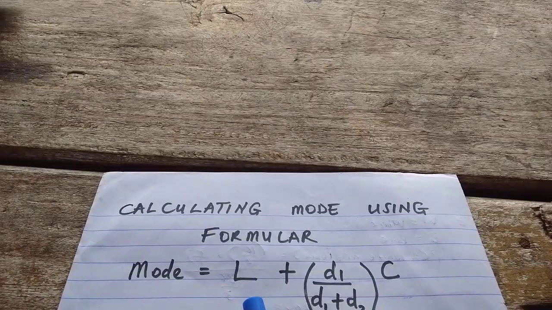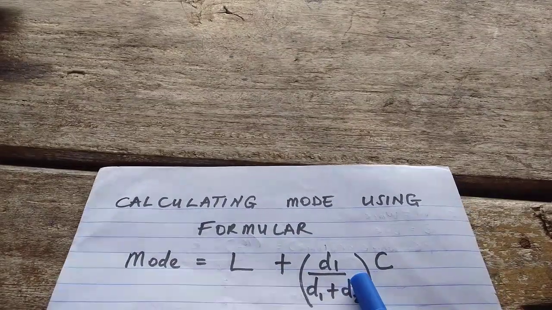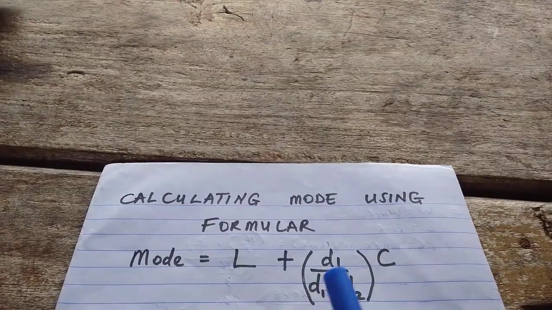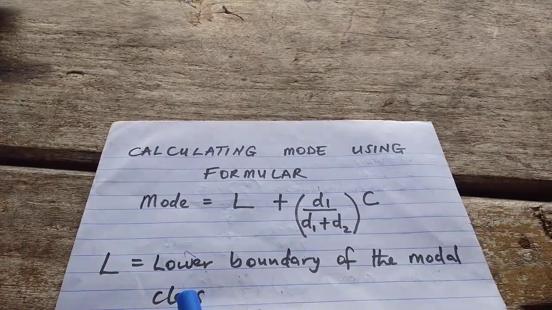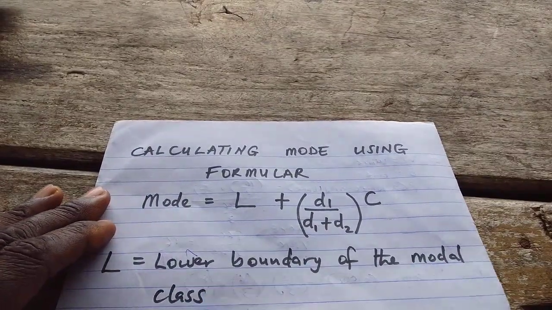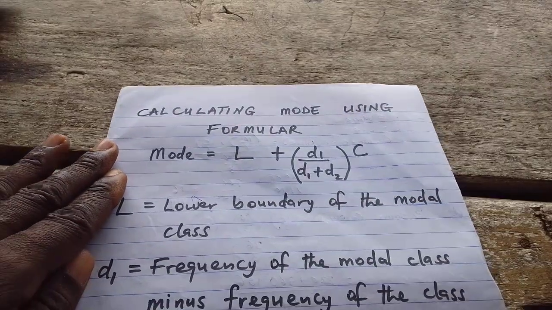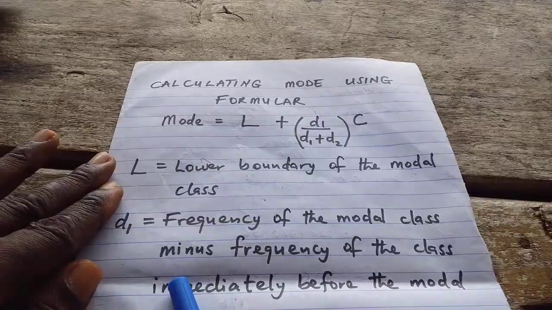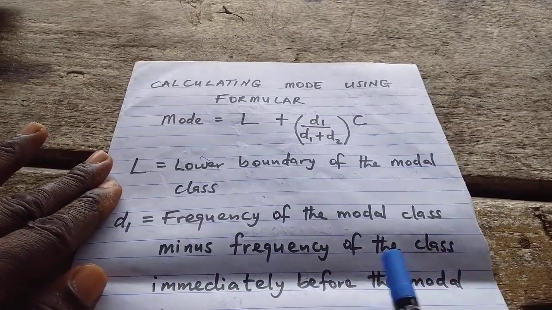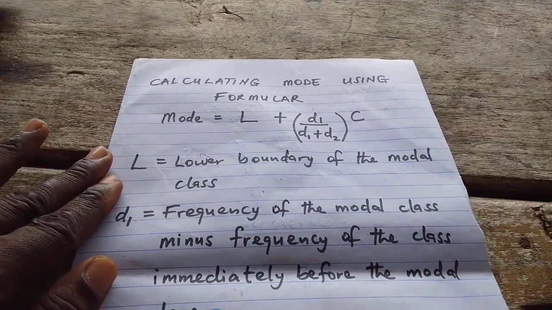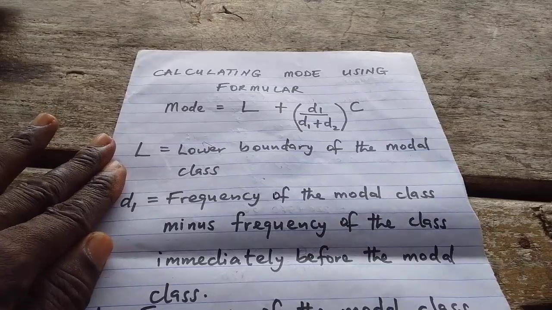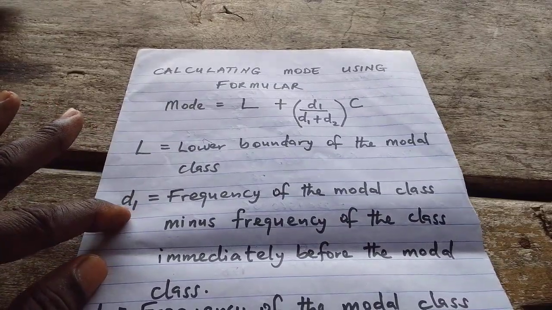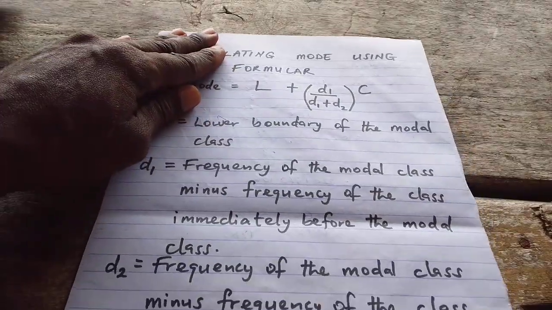Mode is equal to L plus D1 over D1 plus D2 times C, where L represents the lower boundary of the modal class. D1 is the frequency of the modal class minus the frequency of the class immediately before the modal class.